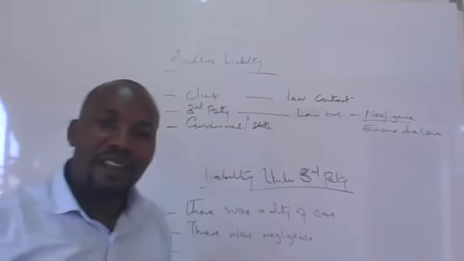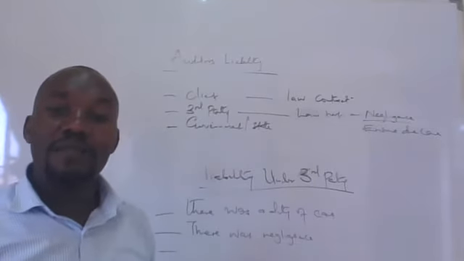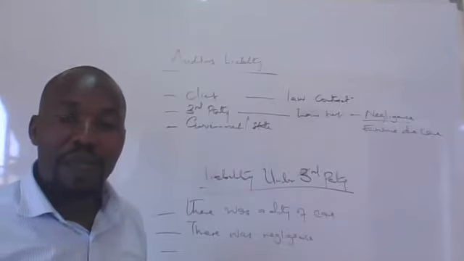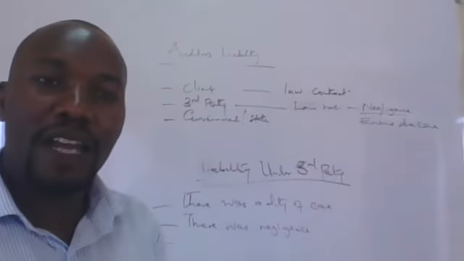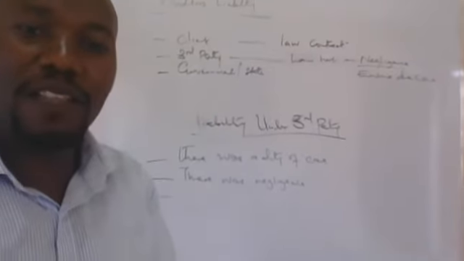Number three, he has to confirm that he made a financial loss. There was some loss that he suffered. The client must prove that there were some losses that he suffered.